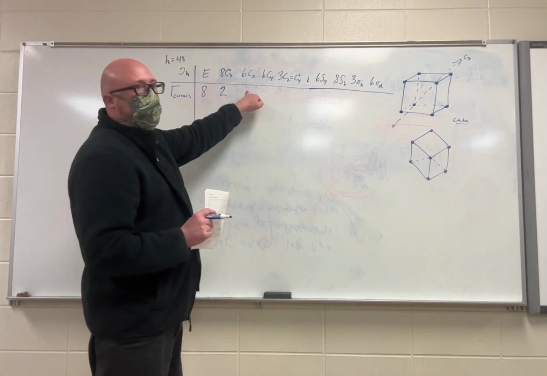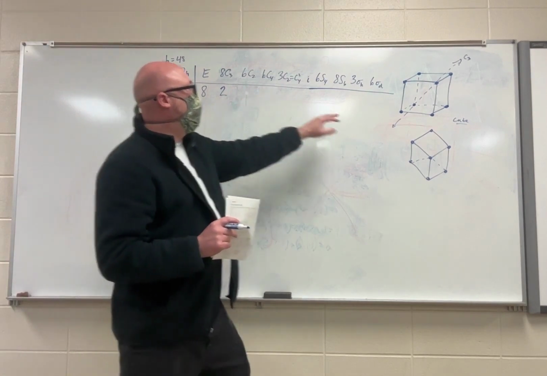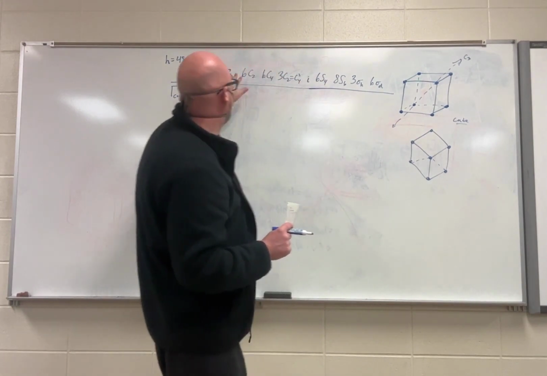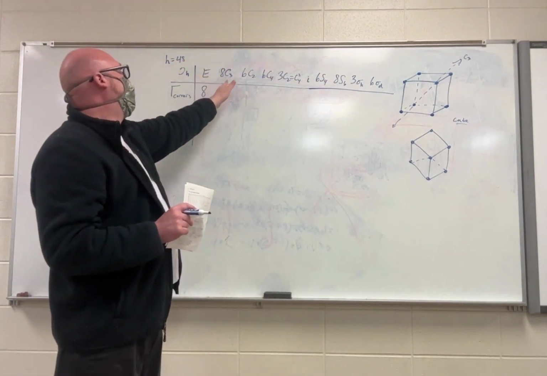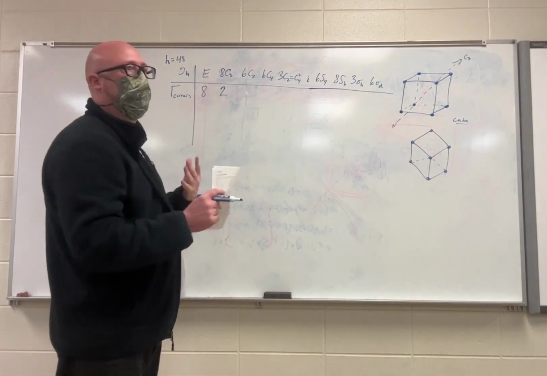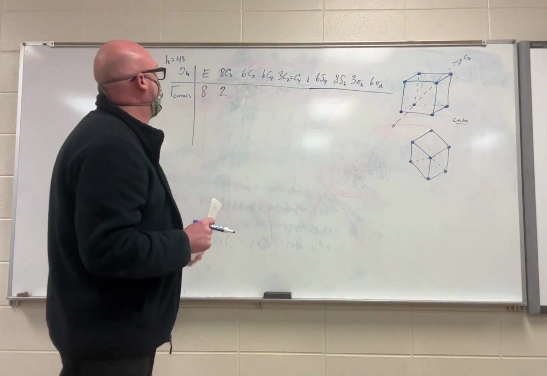Okay, we can go to these C2s now. I don't have to work out any other of the C3s because I know by the rules of theory that all of the characters within a class are the same. So if you work it out for one, you worked it for all of them.